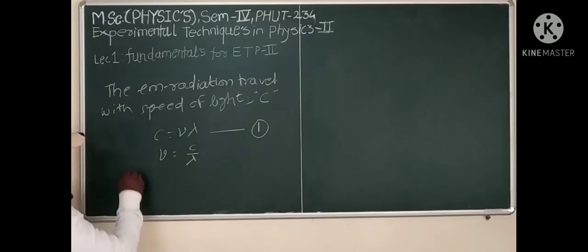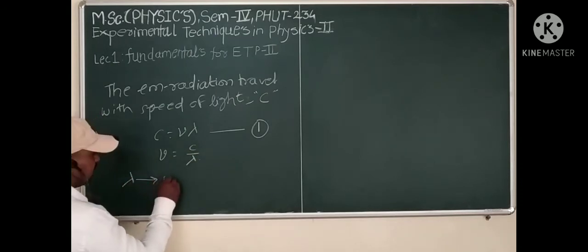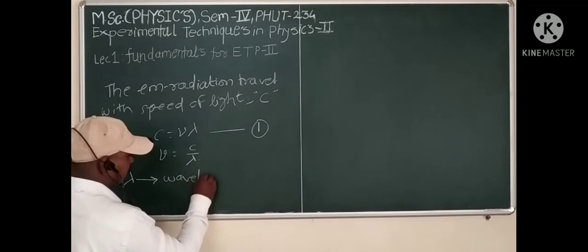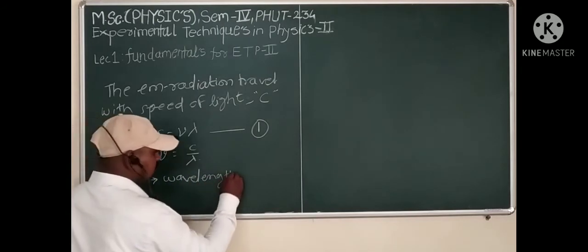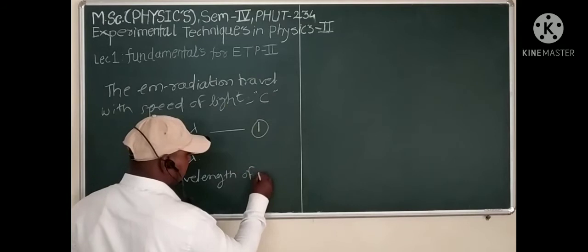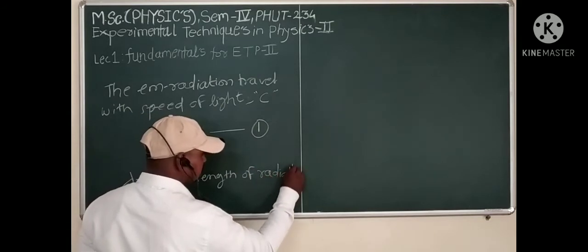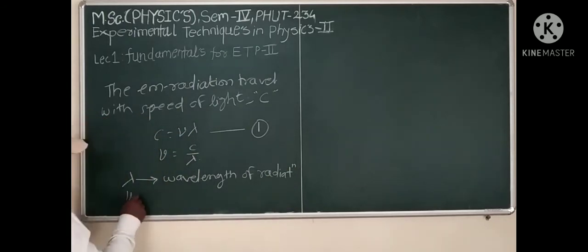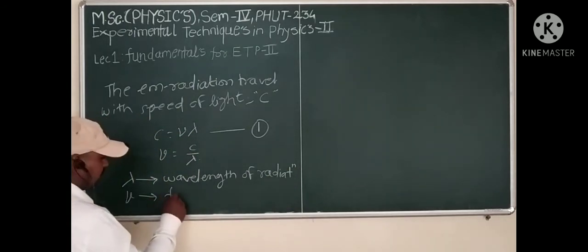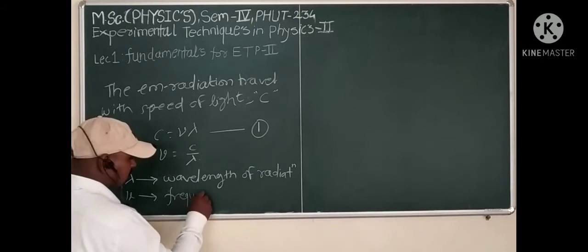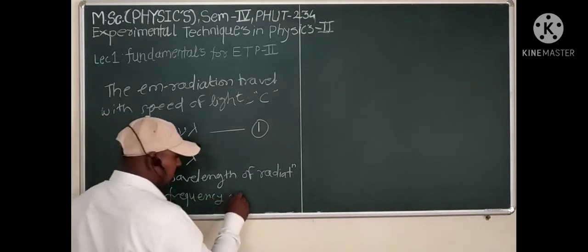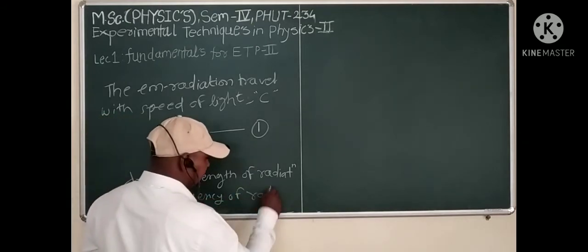Here lambda represents the wavelength of radiation and nu represents the frequency of radiation.